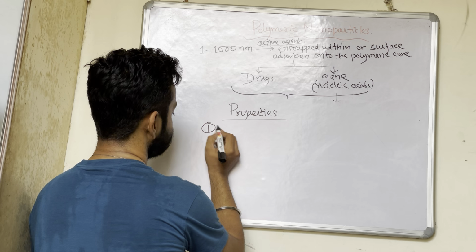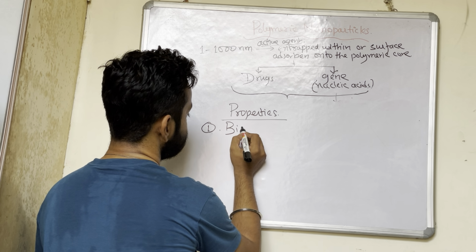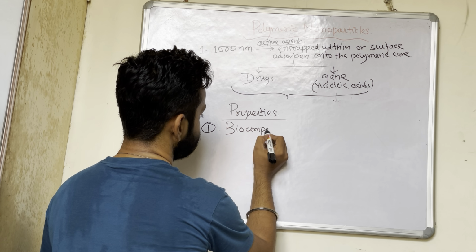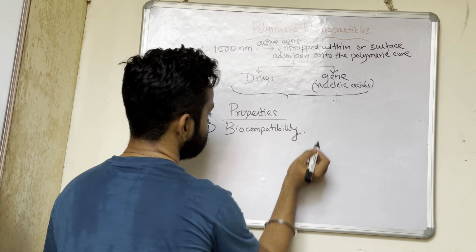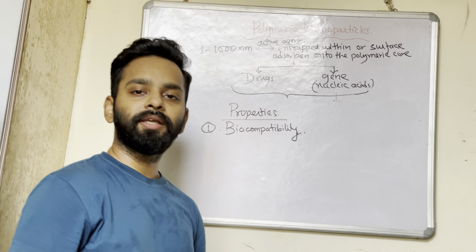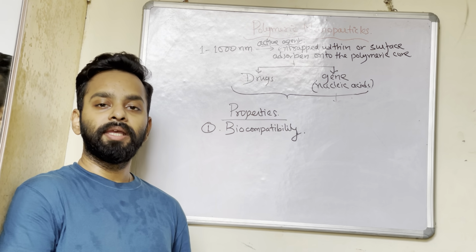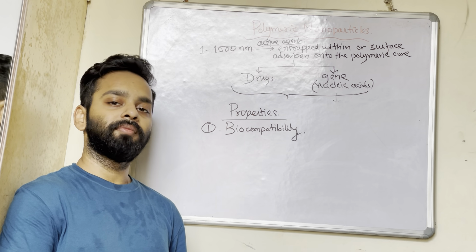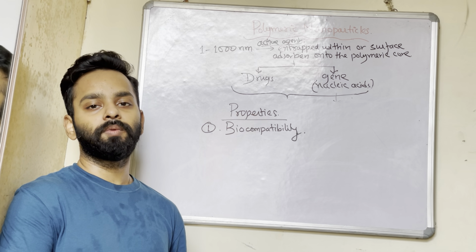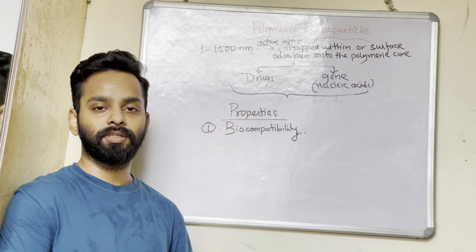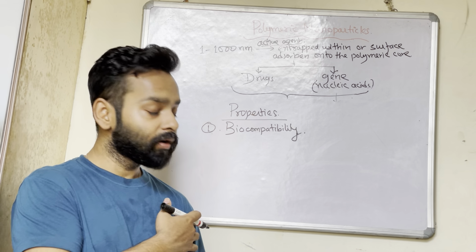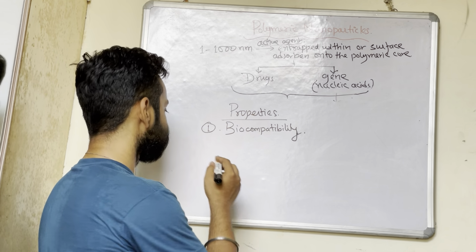Number one is biocompatibility. Since these are delivery agents which are directly used inside the living body, these materials first and foremost must be biocompatible. They should not cause any tissue toxicity or cytotoxicity, and they should be compatible inside the body.